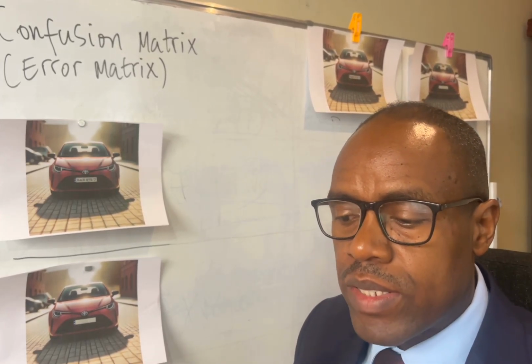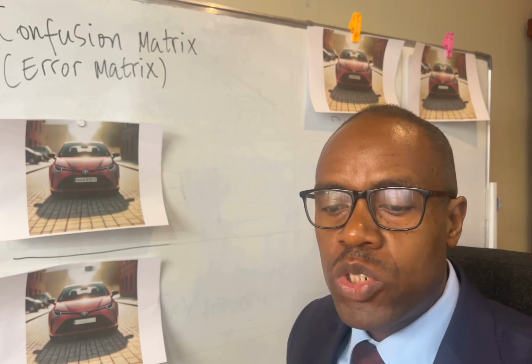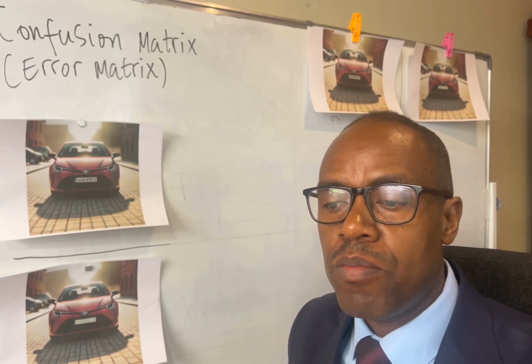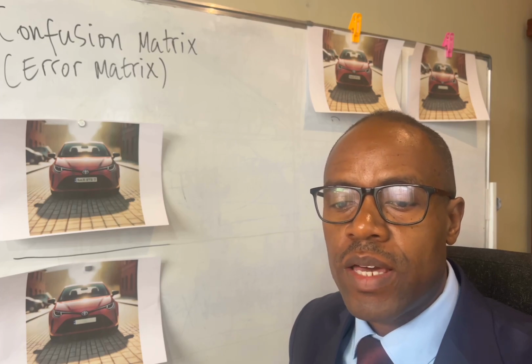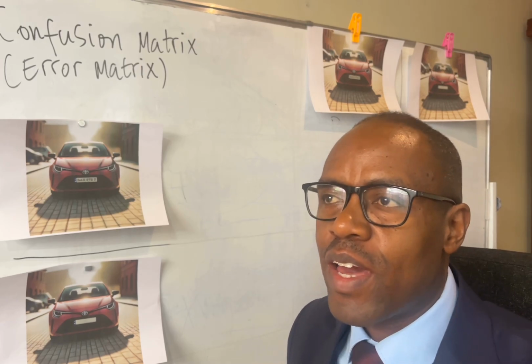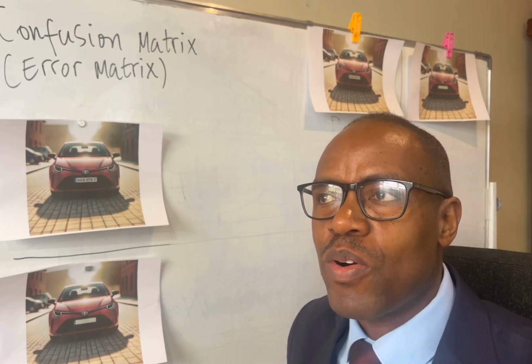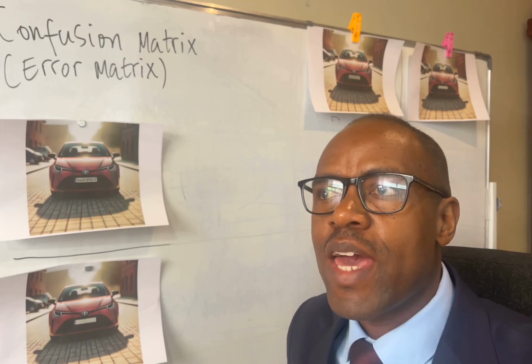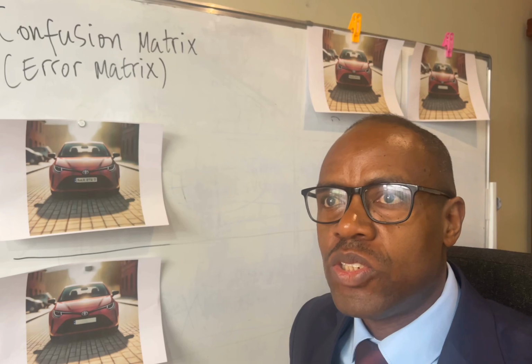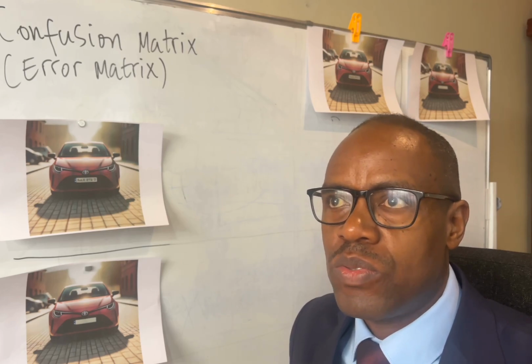A confusion matrix is defined as a visual representation of how well the ANPR system performs in detecting and recognizing vehicle number plates. I say vehicle number plates because we are in the context of ANPR, but if you are in another context, you can generalize to that context too.